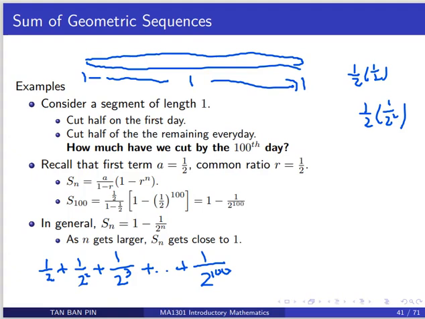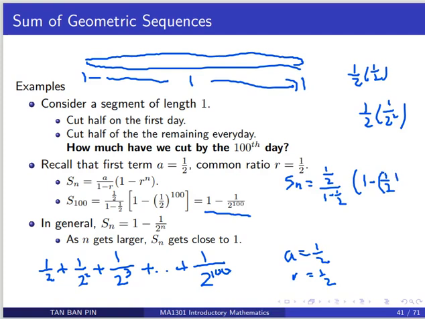Notice that this gives you a geometric series with first term half and r equal to half. If you put it inside the formula, Sn is a over 1 minus r times 1 minus r to the power n, and you get 1 minus 1 over 2 to the power 100. In general, for Sn, you substitute a as half and r as half. 1 minus half is half, so half and half cancel.